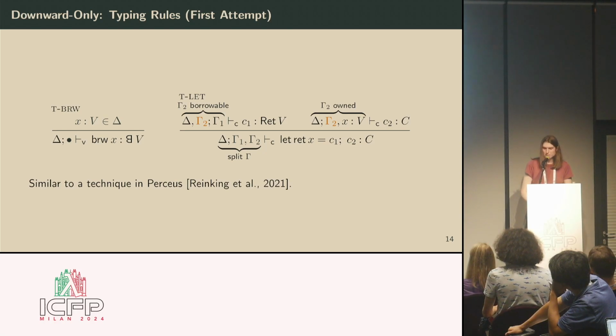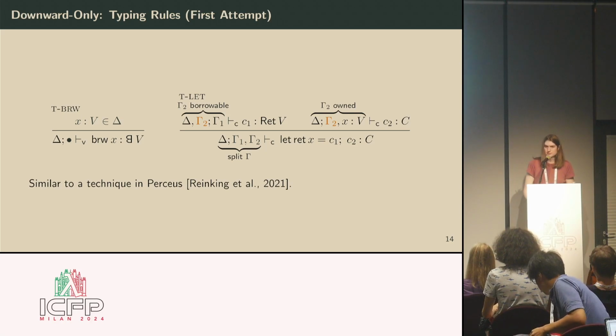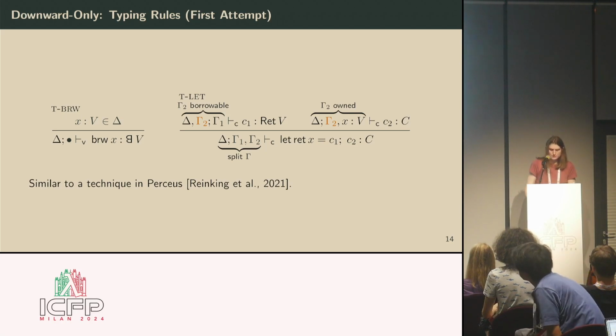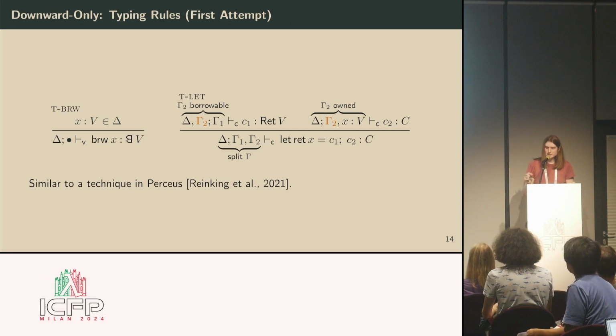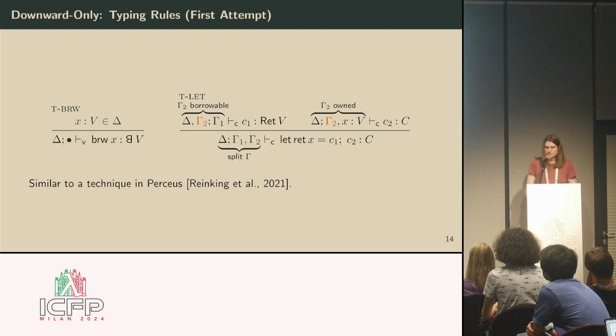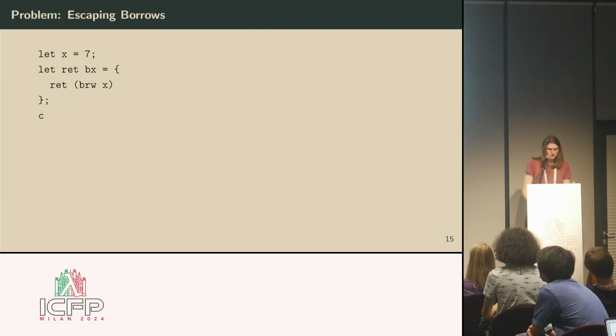So we can actually give both gamma 1 and gamma 2 to C1. But C1 is only allowed to use borrowed versions of gamma 2. This is similar to a technique that Perseus uses for its contexts. And then when it's C2's turn, we can take back ownership of gamma 2 and also bind the result to x.